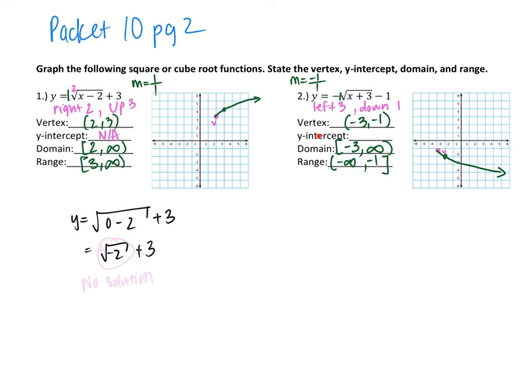And now for the y-intercept, I do see that this curve crosses the y-axis, but this time, to get some accuracy here, I'm going to have to solve it out and plug in 0. So if I plug in 0 for this, it looks like this would be the square root of 0 plus 3, which is 3, minus 1.